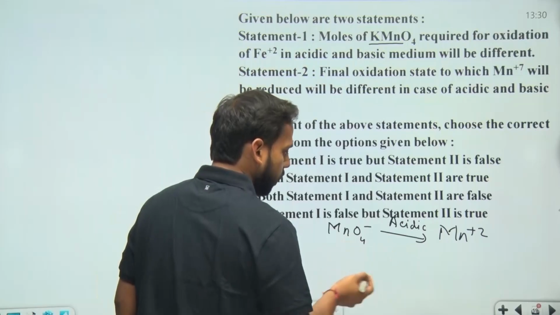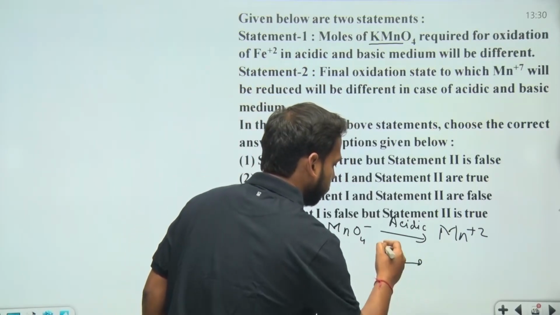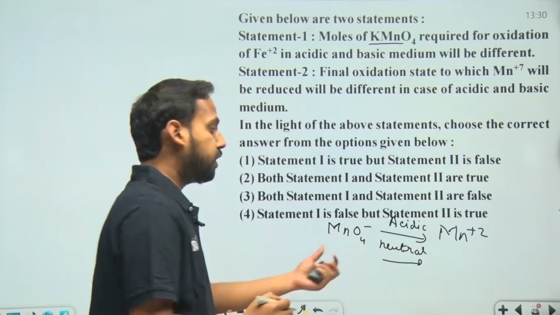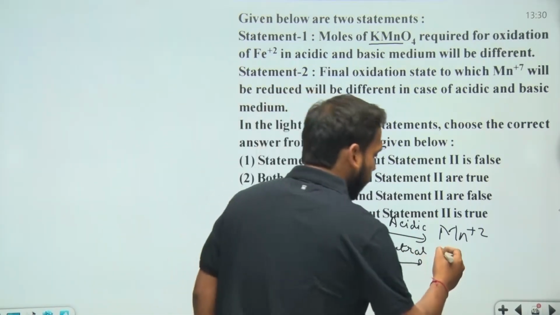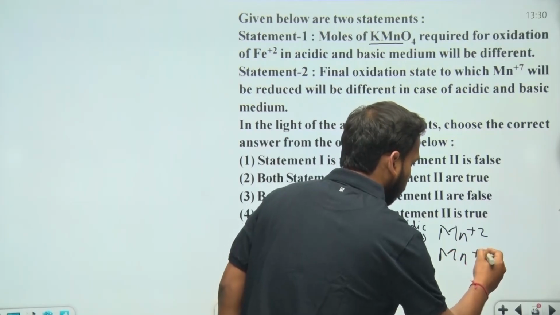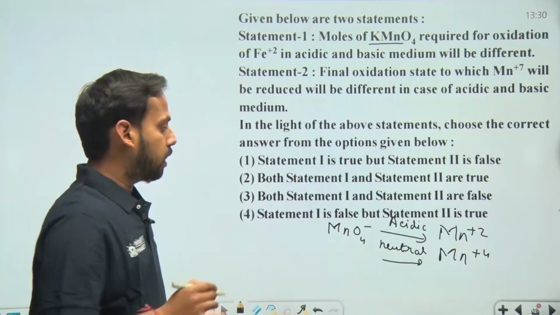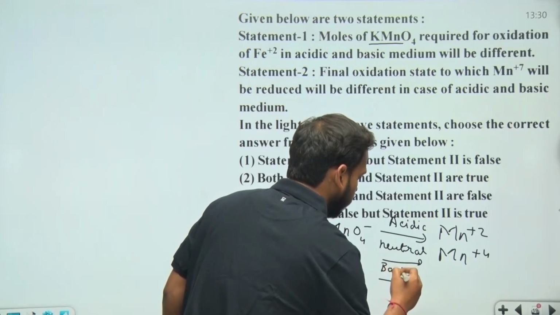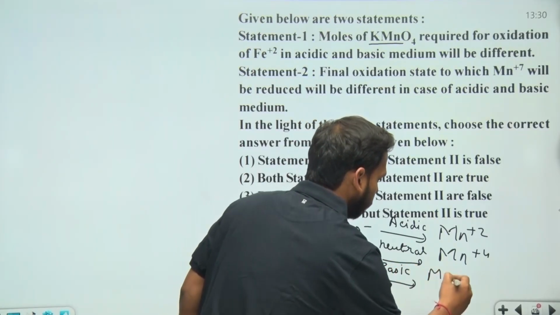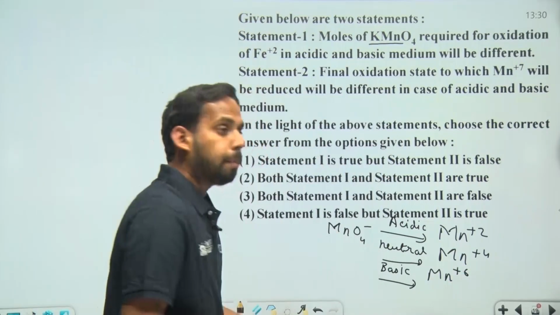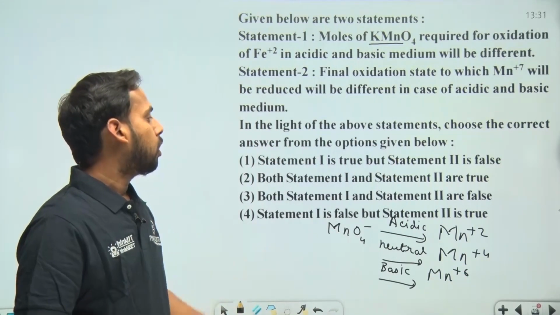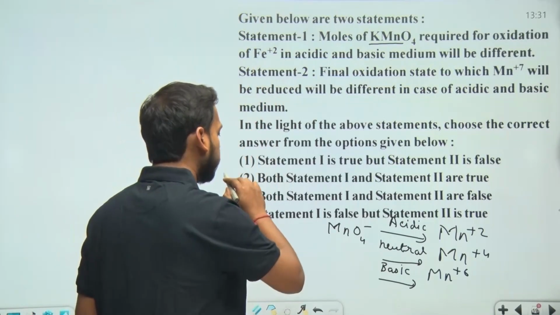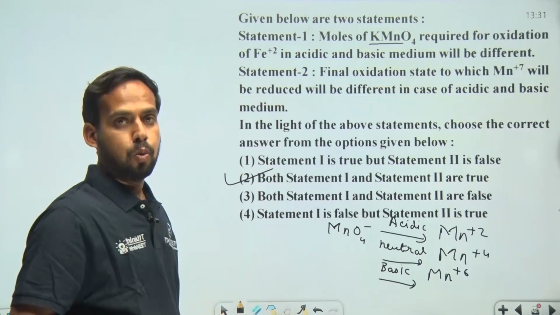Similarly, if we talk about a neutral medium, it will convert into Mn plus 4, and in the same way, in the basic medium, it will convert into plus 6. So it depends on the medium; it will vary. So statement 1 and statement 2 both are correct. So our correct option is option number 2.